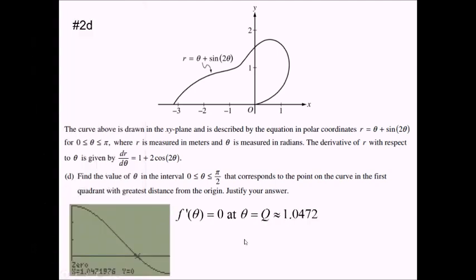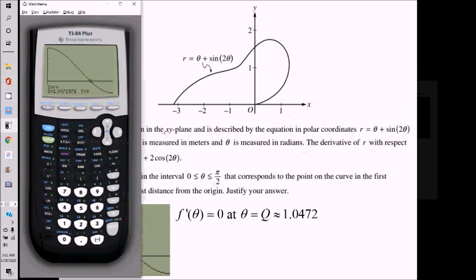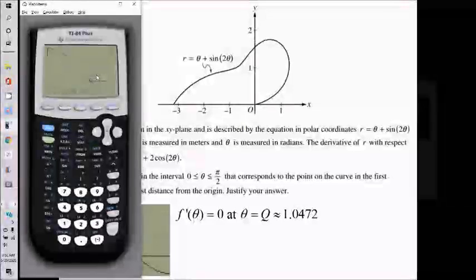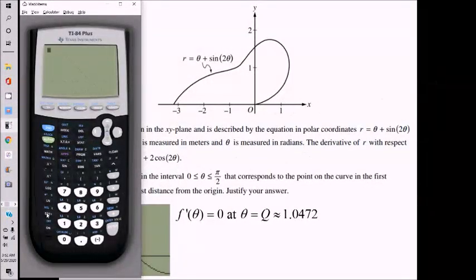And I'm going to call that Q so that I can refer to it easily and not have to write that ever again. I'm also going to store that value on my calculator. So quit out of that graph, and I'm going to press the store button, which immediately stores whatever answer I just got, as alpha Q. You can do whatever letter you want, but I'm thinking Q for this problem just because.